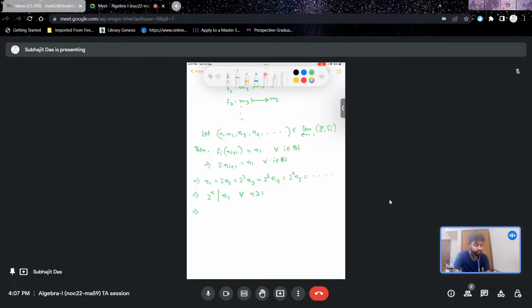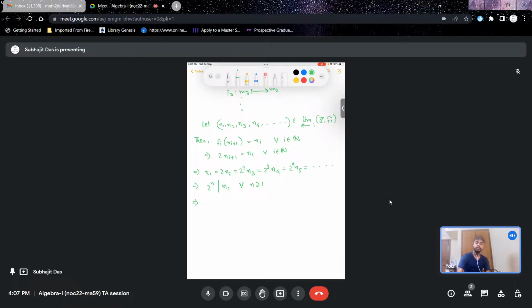Since any non-zero integer can have only a finite number of factors, there should be a highest power of 2 dividing that integer. So that means n1 has to be 0. Hence if n1 is 0, n2 is also 0, n3 is equal to 0, n4 is equal to 0, and so on.